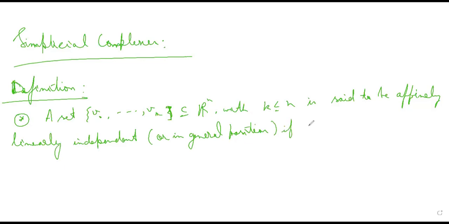if this set V1 minus V naught, V2 minus V naught, and so on, Vk minus V naught, is linearly independent in Rn.